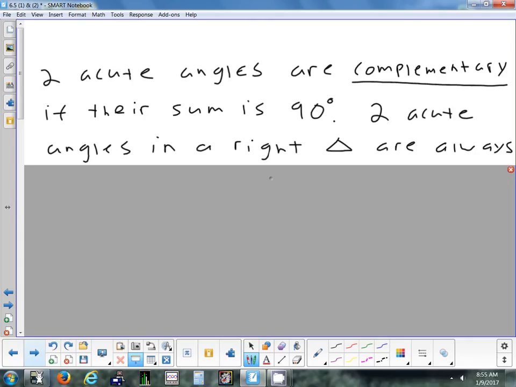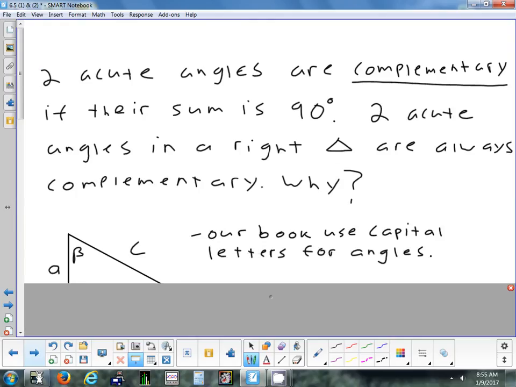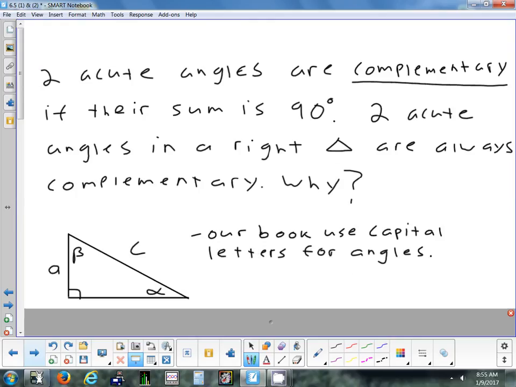So first of all, the two acute angles in a right triangle are always complementary. Meaning they add up to 90. But why is that true? How come alpha plus beta is always going to be complementary?